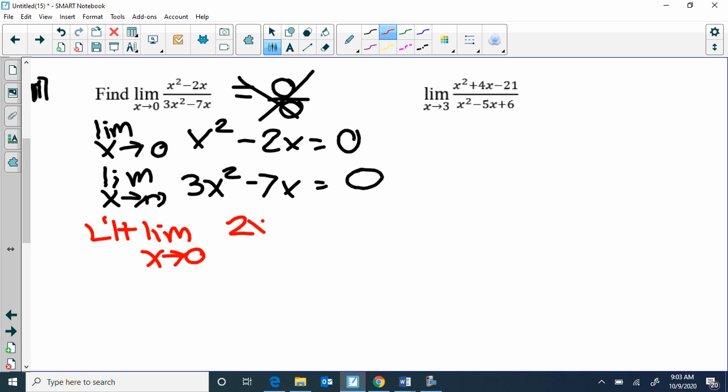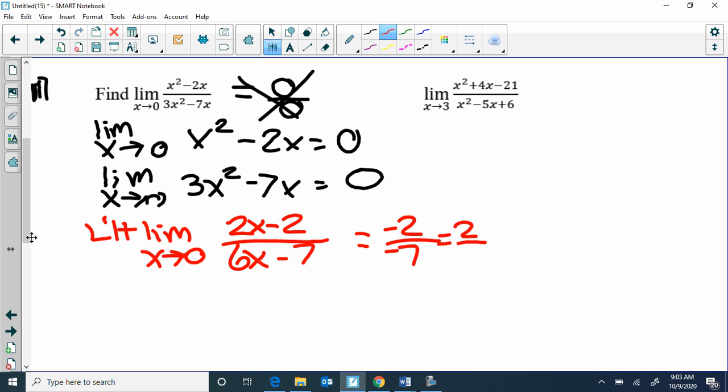I get 2x minus 2, and then again using my power rule in the bottom, 6x minus 7. This time, if I plug in 0, 2 times 0 minus 2 is negative 2, and 6 times 0 minus 7 is negative 7. And my limit is 2/7.